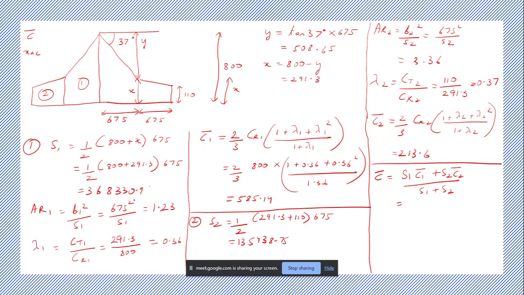So you have S1 here. This is S1. This is C1. You have S2 and C2. So just tell me what this is. Substitute these values and let me know what the C bar is.